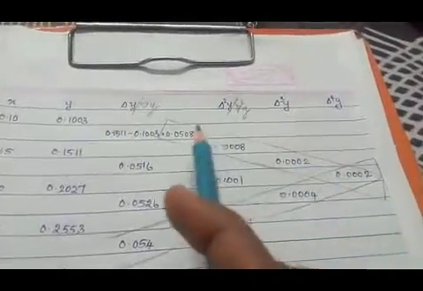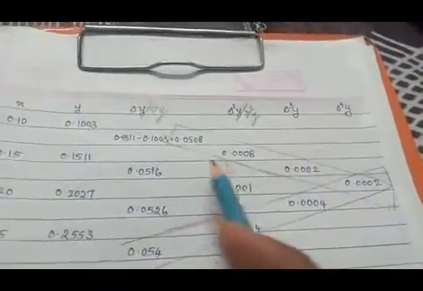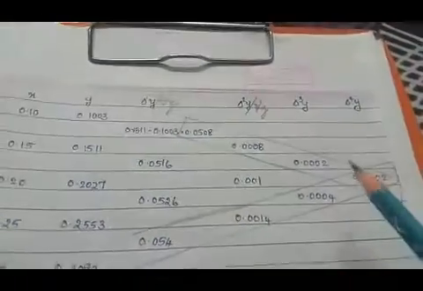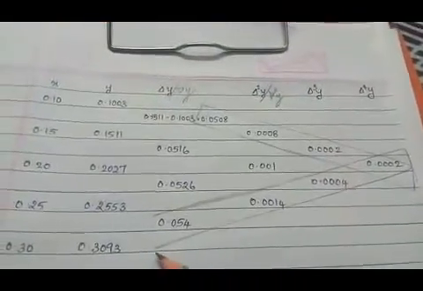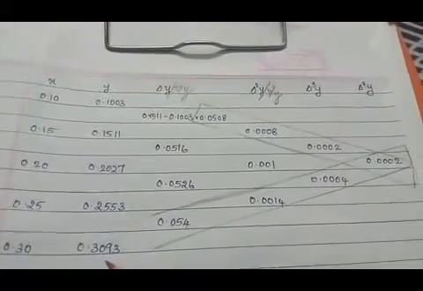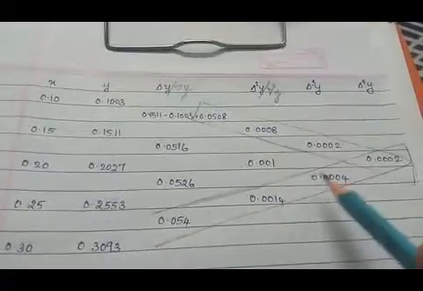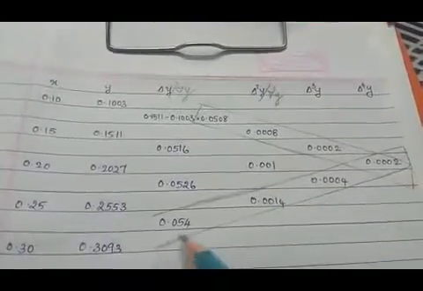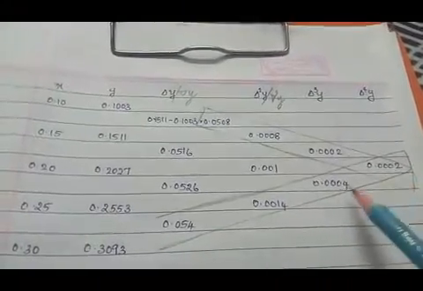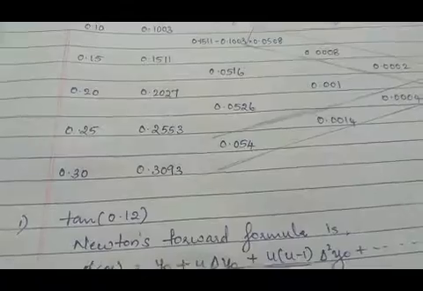So these values will be used in the forward interpolation formula, and in the backward interpolation formula, the leading differences used are the last values of the differences. So these values will be used in the backward interpolation formula.